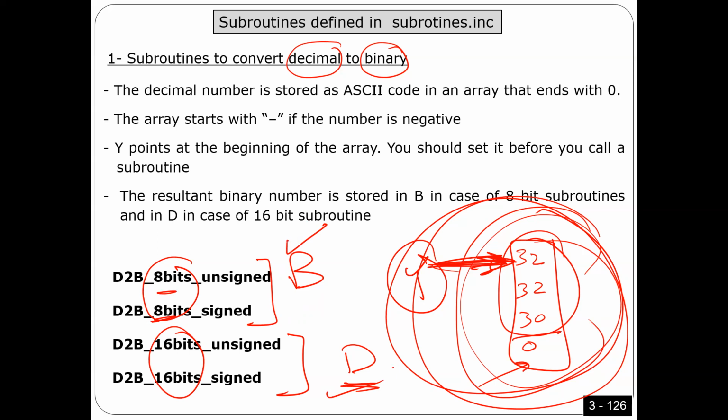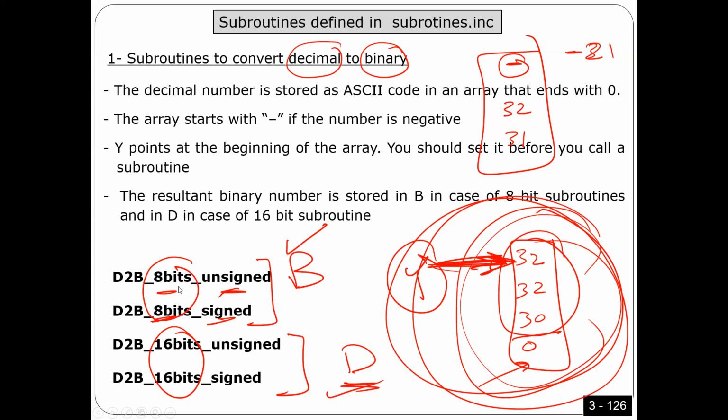Is that okay? Also, you have 2 functions, one signed and one unsigned. Signed in case you may have a negative in the beginning. You got what I'm saying? For example, negative 21: it should be the ASCII of negative, the ASCII of 2, the ASCII of 1, if you have something like that. So as you see, that's why we have 4 functions.